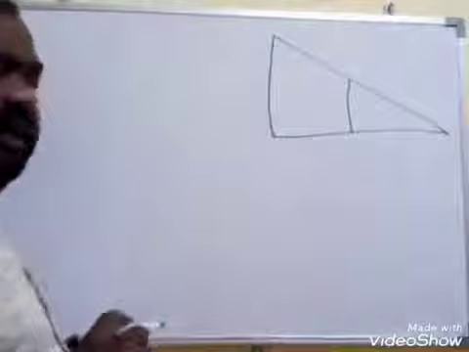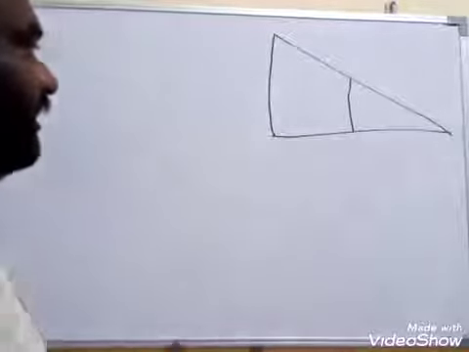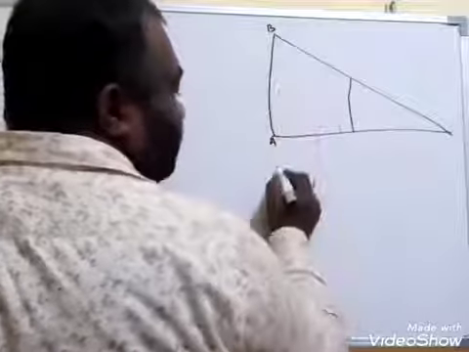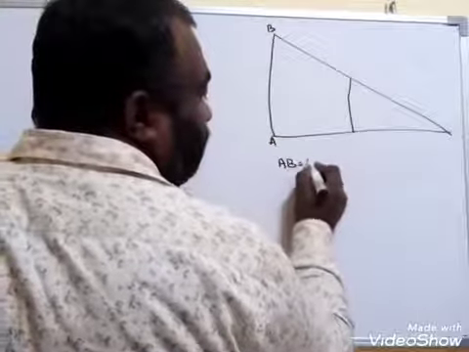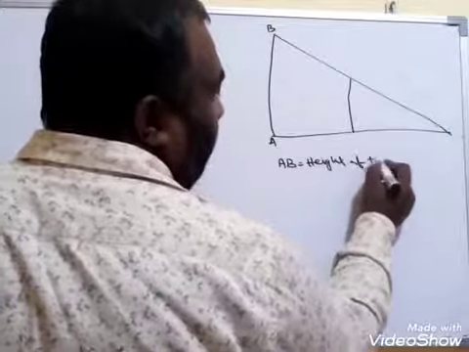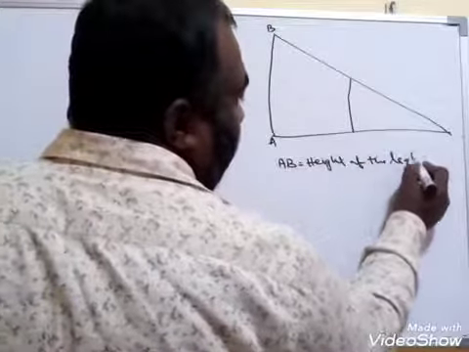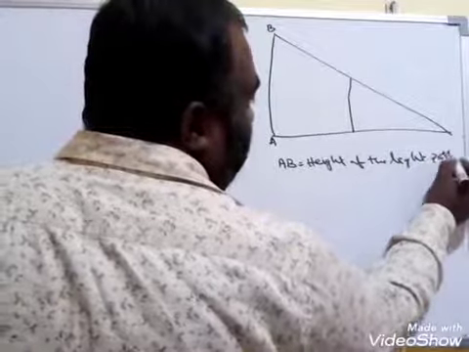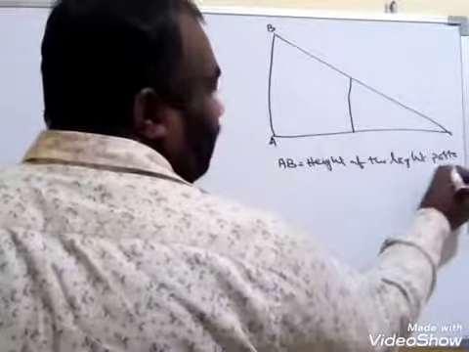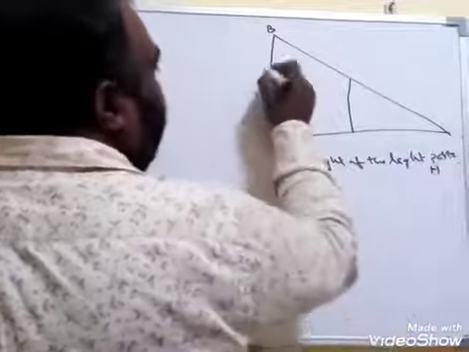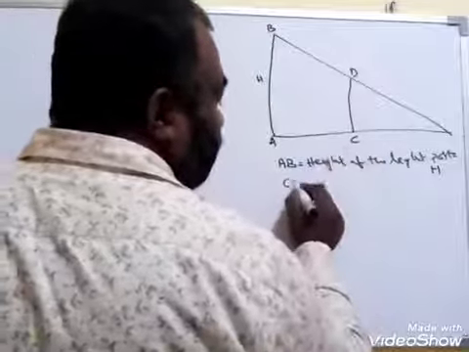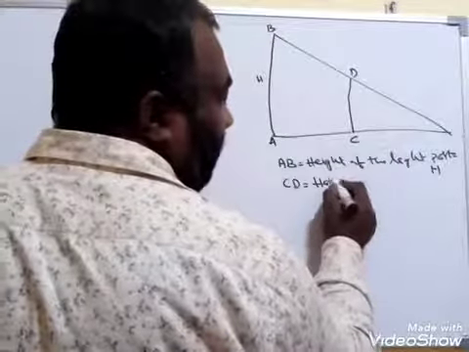Usually this is the basic diagram I am taking. This is AB, that is AB is equal to the height of the light post, and here I am taking this as capital H. And this is CD, CD is equal to the height of the person.